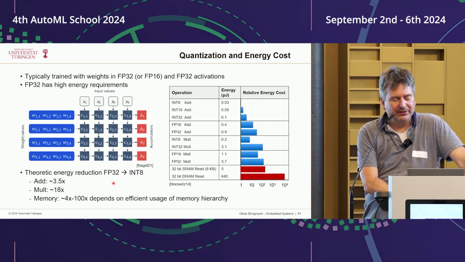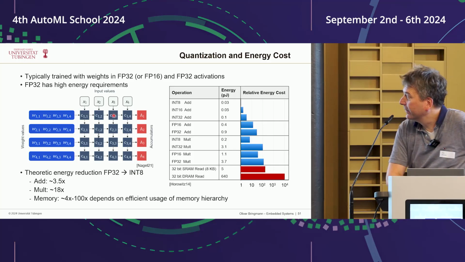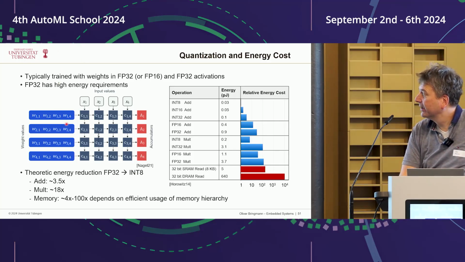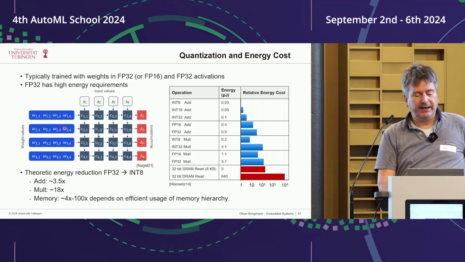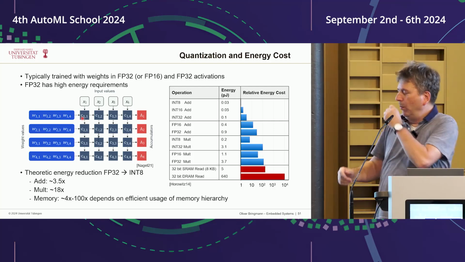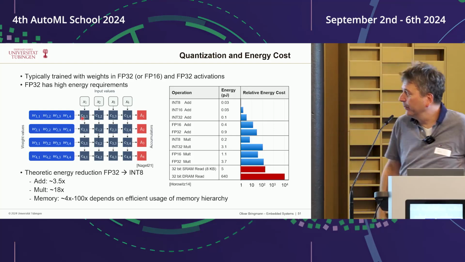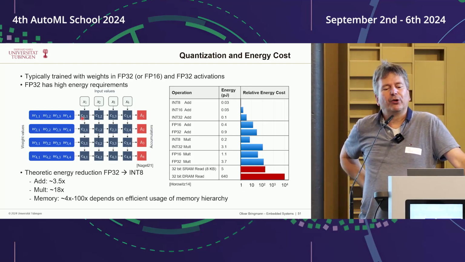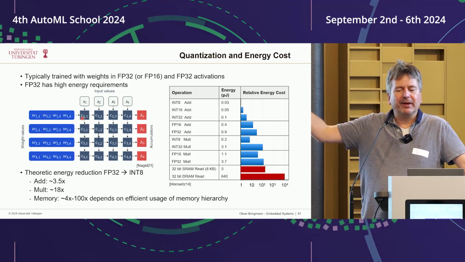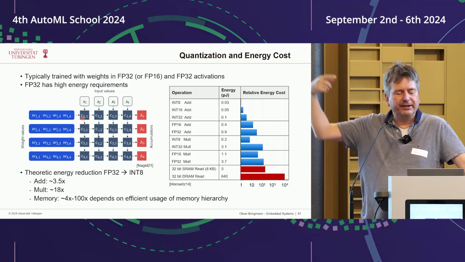Let's start to think about going from floating point 32 to integer 8. So that's the idea. Usually you have some input values and some weights. And then here at the crossing point, you have your MAC operation that multiplies the weight with the input and accumulates.